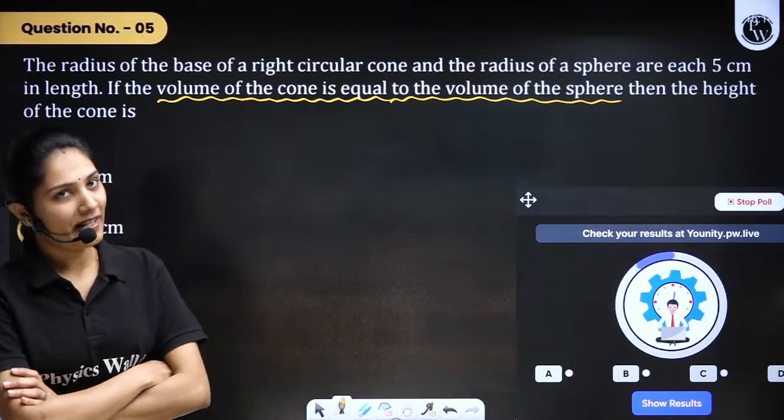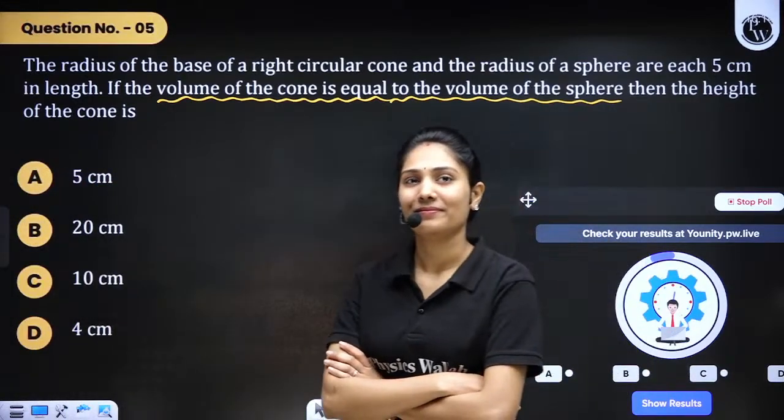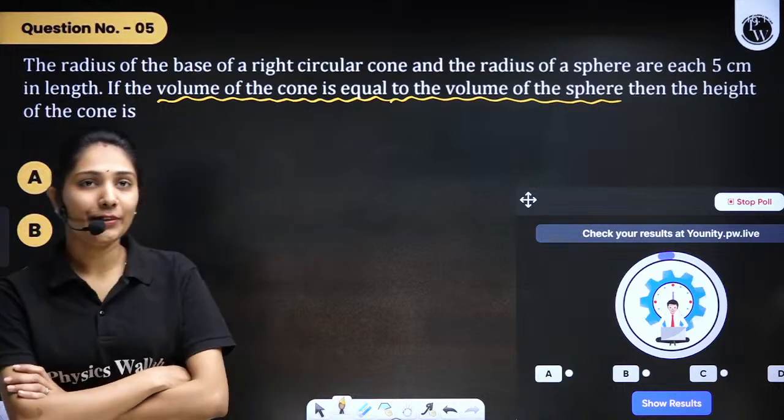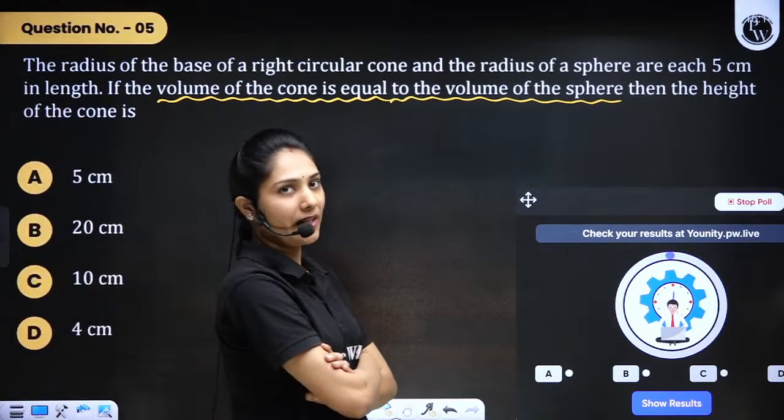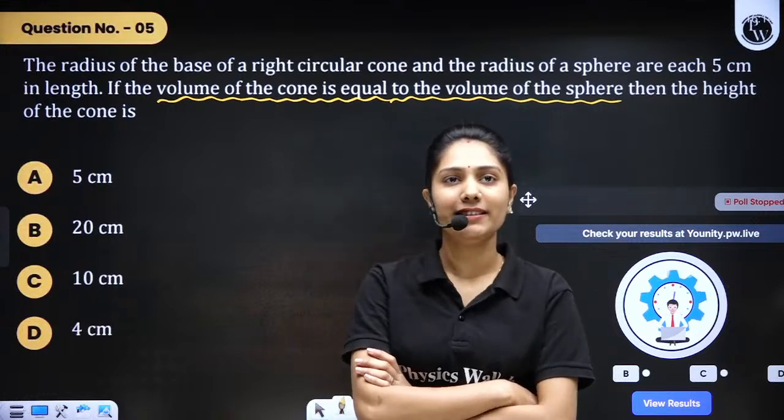Four by 3 pi r cube. Yes, absolutely correct. No, Soumya and Khushi, check it again, beta. Salma also, check the answer again.